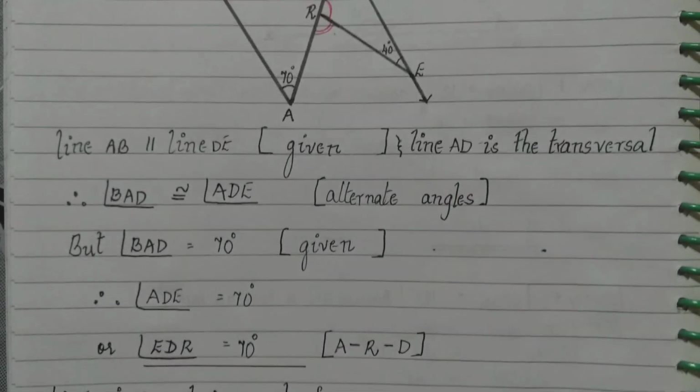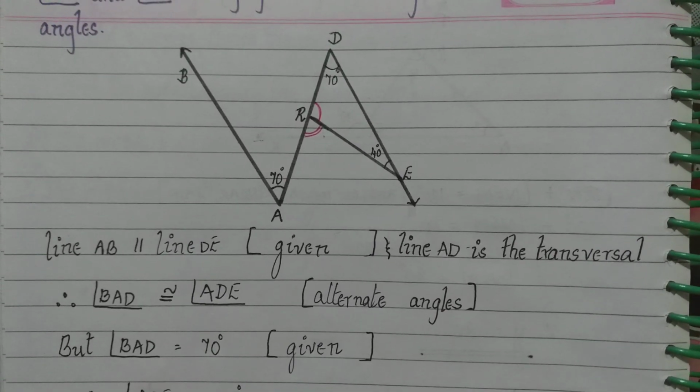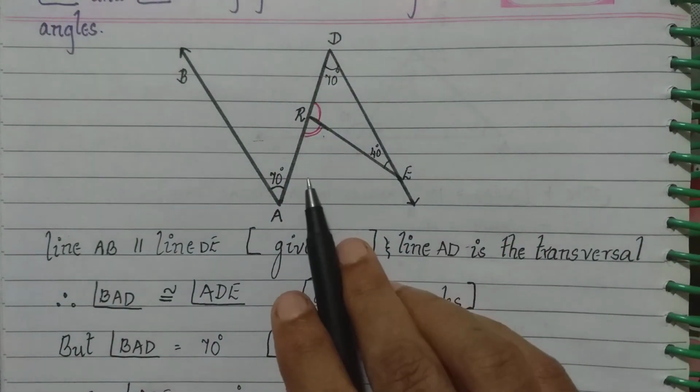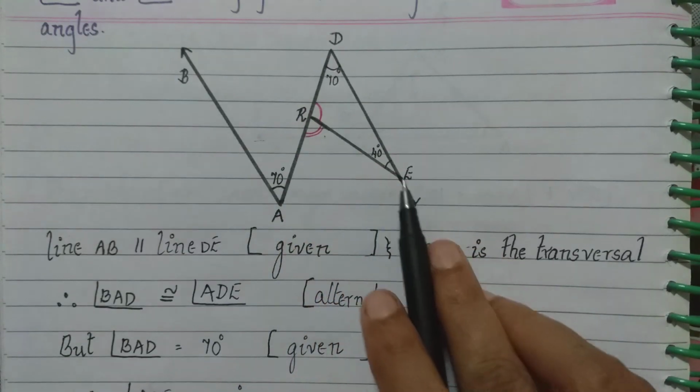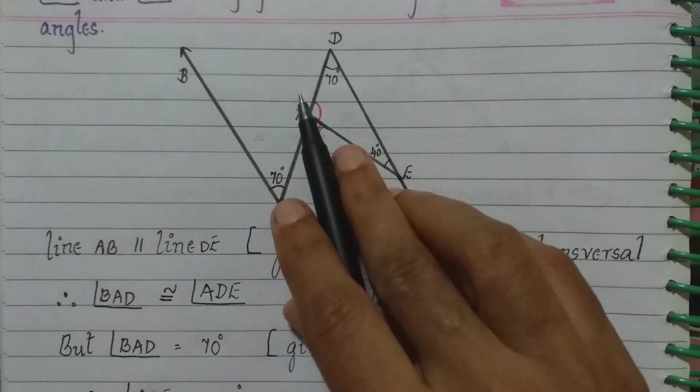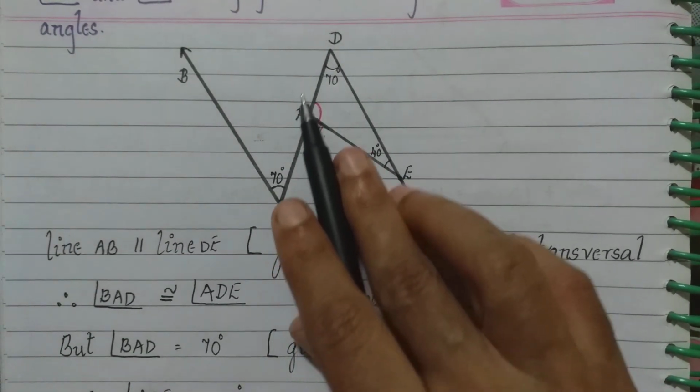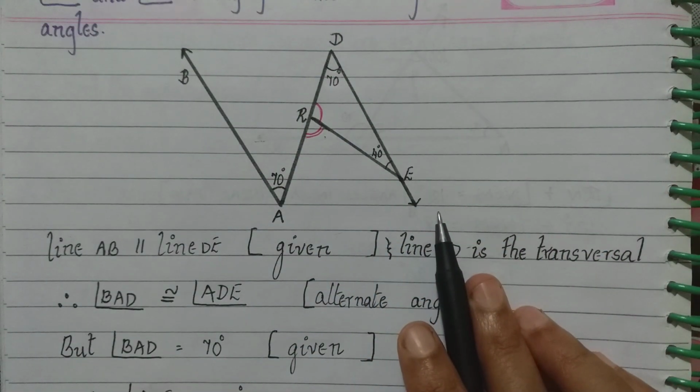Now, again we go to that triangle and we see that this angle ARE is the exterior angle of this triangle RDE.